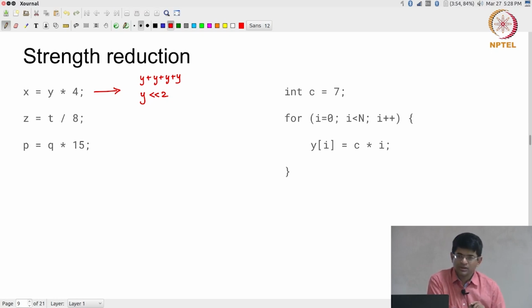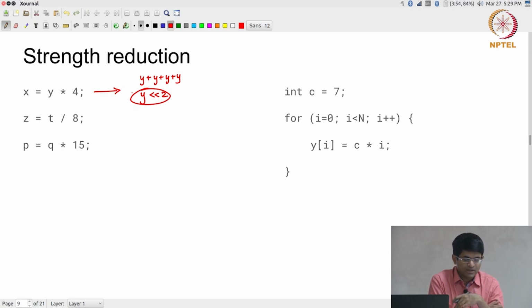So this operation, in most processors and definitely in hardware, the shifting is less expensive than multiplication. In hardware it is obvious: with shifting there is no hardware at all involved, it is just a case of how you look at the wires, whereas the multiplication requires a hardware multiplier and all the associated logic.